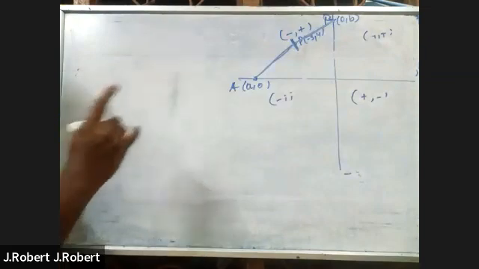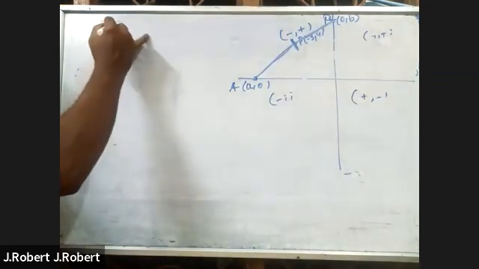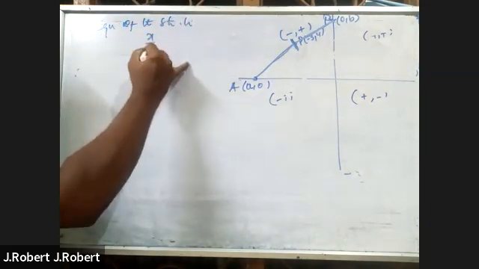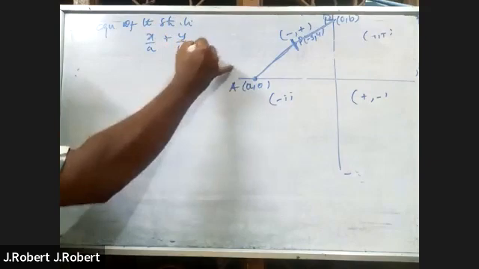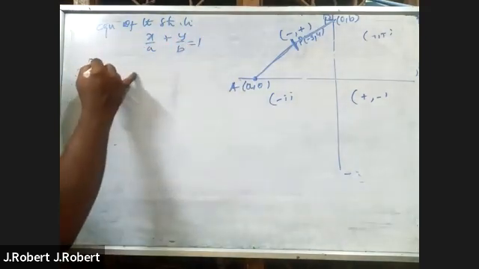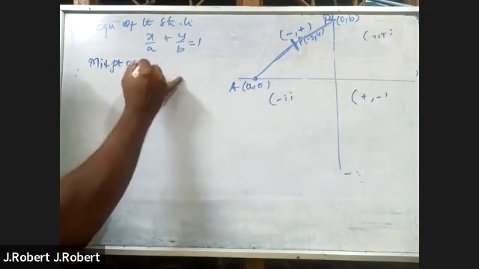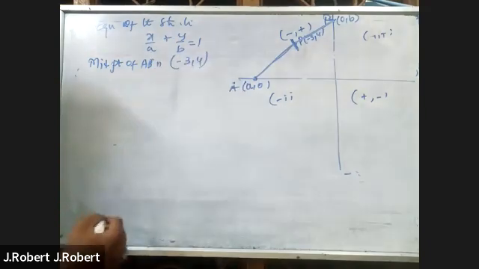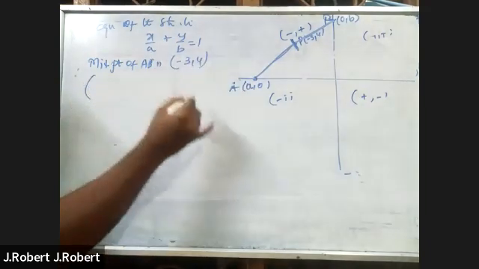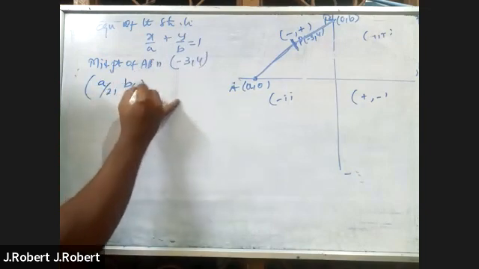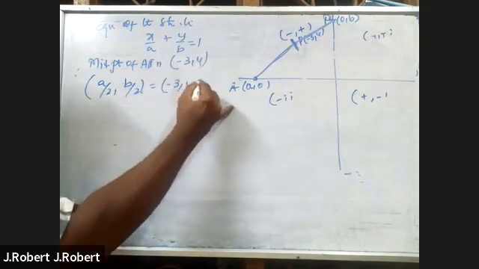Usually the equation of the straight line in intercept form is x/a + y/b = 1. Here the midpoint of AB is given as -3,4. The midpoint formula gives (a+0)/2, (b+0)/2, which equals (-3,4).